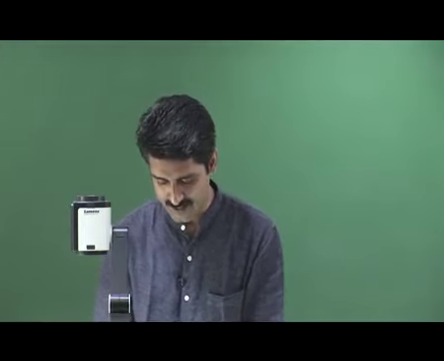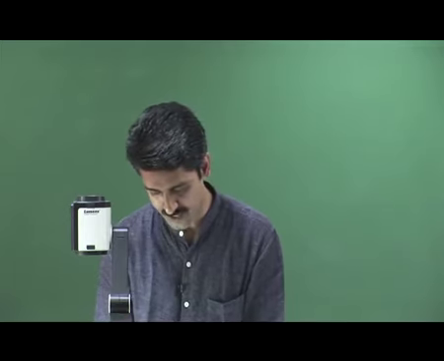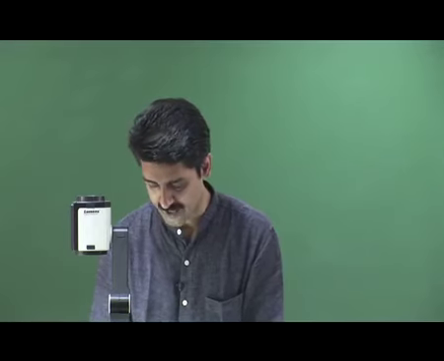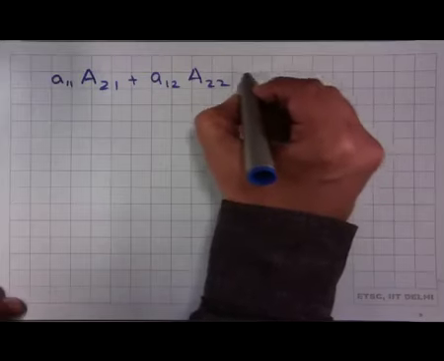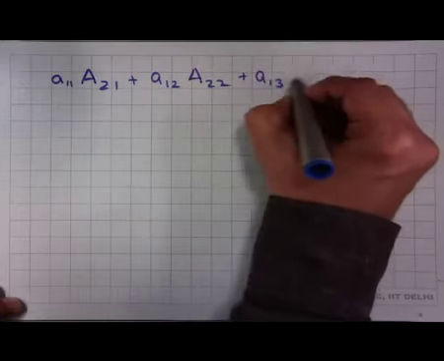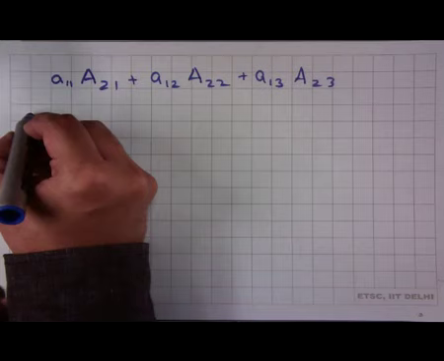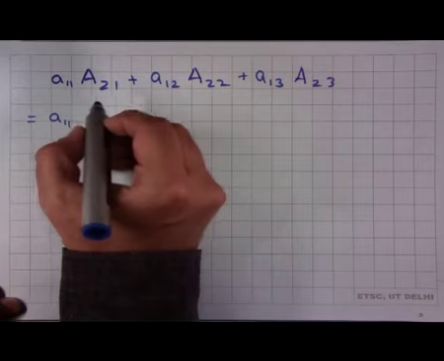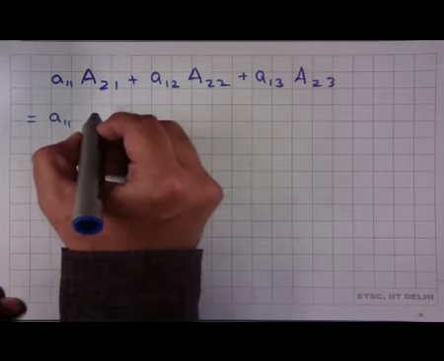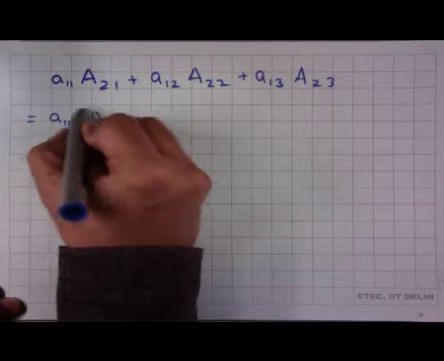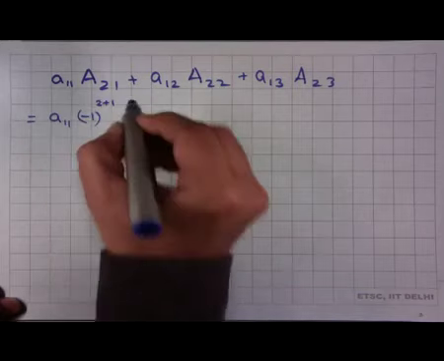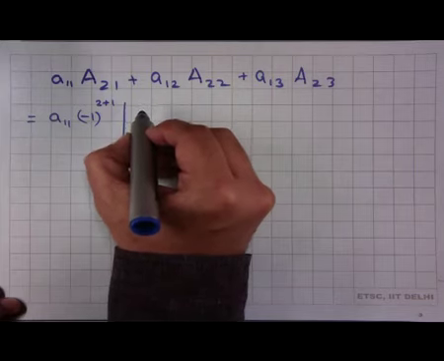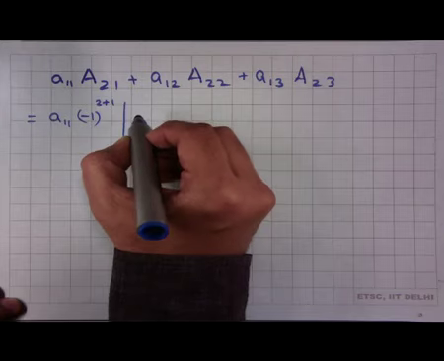So, that expression a11 times A21 plus a12 times A22 plus a13 times A23. What is this? Now, let us just expand A21. A21 is nothing but the cofactor of the element a21. So, there we have minus 1 power 2 plus 1 times the determinant of the matrix obtained by deleting the entire row and column containing a21.